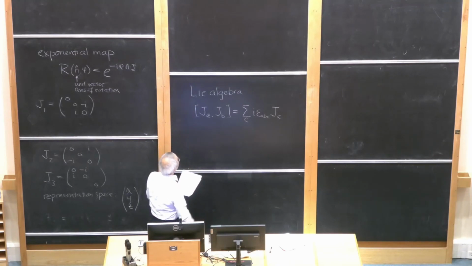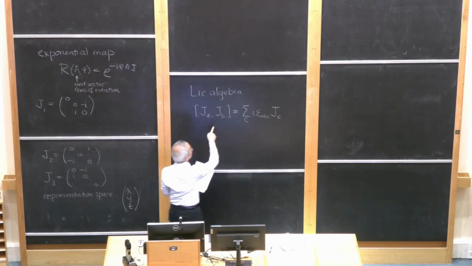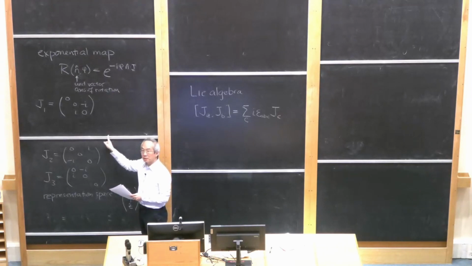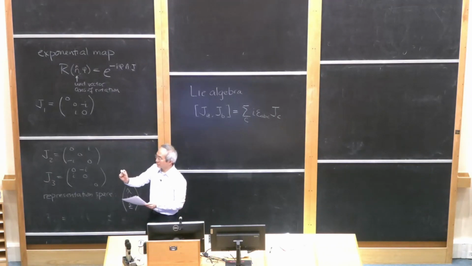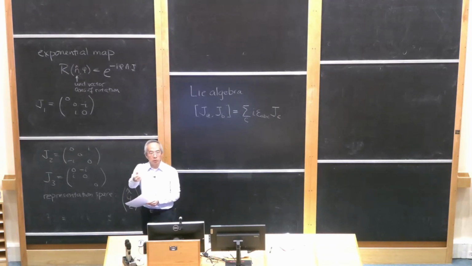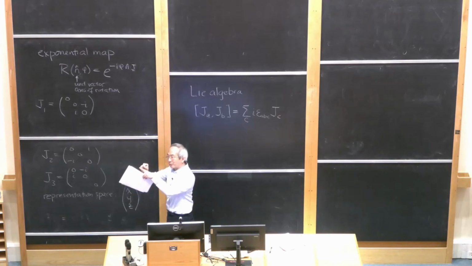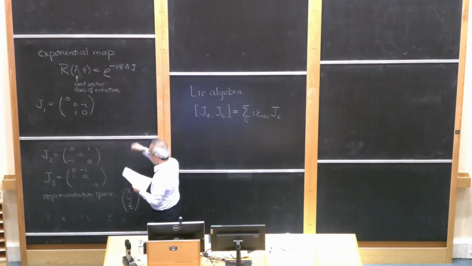Now, this is actually a relationship between the generators. And the generators are connected to what you might call the local behavior. So if you have one element of the group, and you want to find the behavior of its neighborhood, you use the generators.